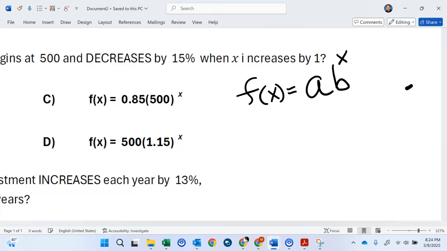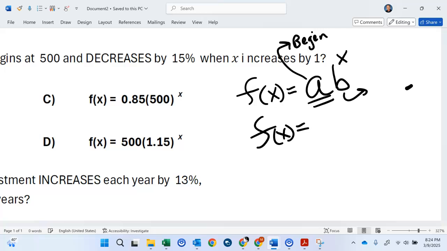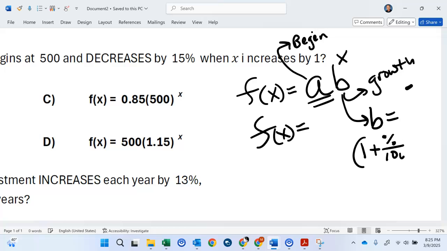But for percent increase or decrease, it's going to be like this. This is still your beginning value, and this right here is still your growth. But how do we get growth for a percent increase or decrease? Well, b is going to be equal to 1 plus the percent divided by 100.